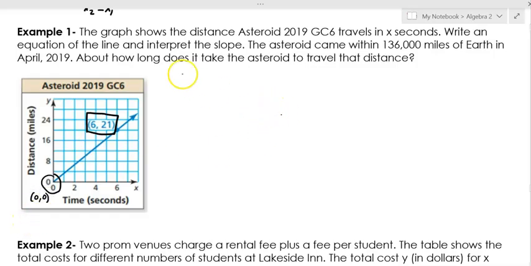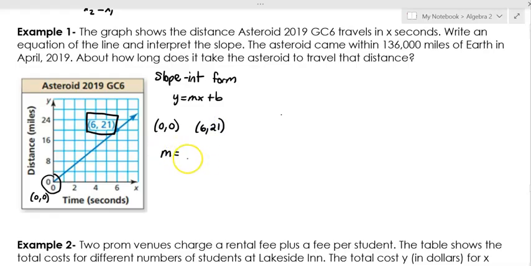So if we want to start by finding an equation for this, we have a y-intercept, so probably slope-intercept form would be the easier form to use, which remember is y equals mx plus b. To find the slope, you have the 2 points, 0, 0, and 6, 21.